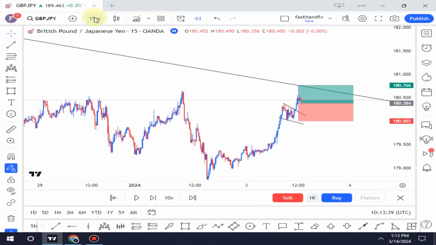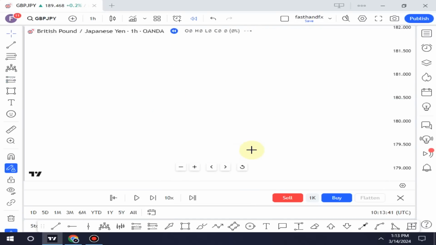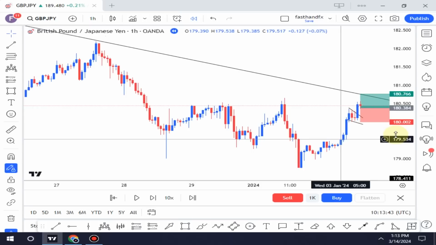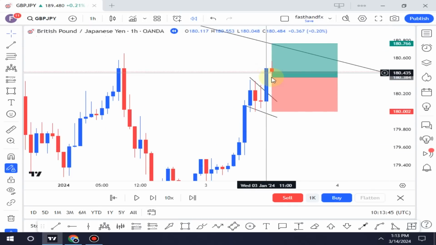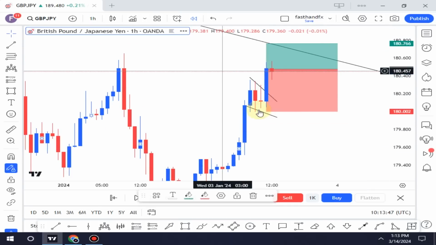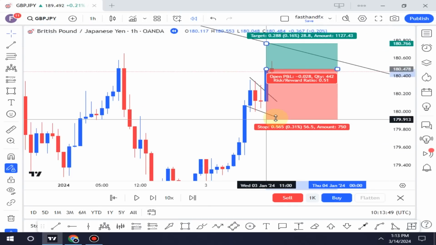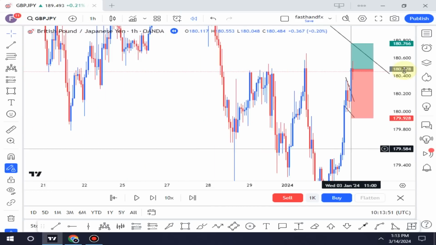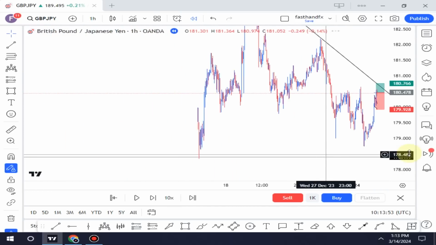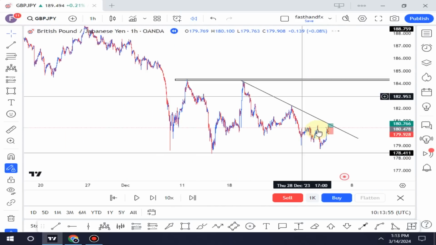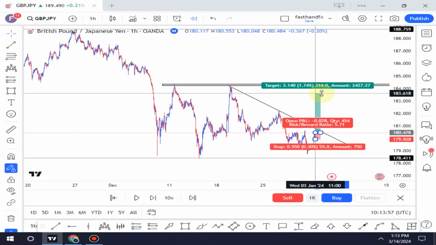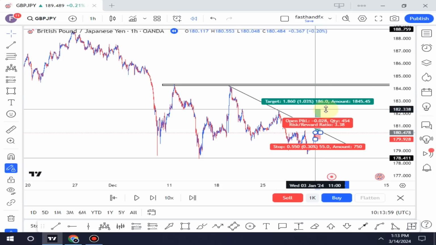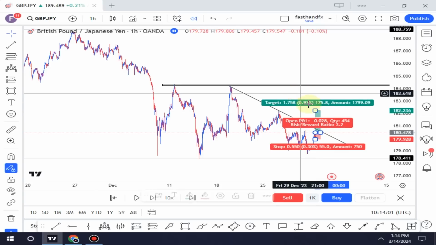So probably, let me see at the H1. Right, with this bullish candlestick, I could have hit that buy entry, then my stop loss below that level, because of course I anticipate that price is now ready to take out that high. So let's see. Of course, this should be the first TP right there.